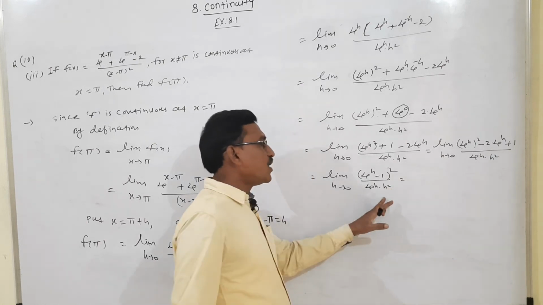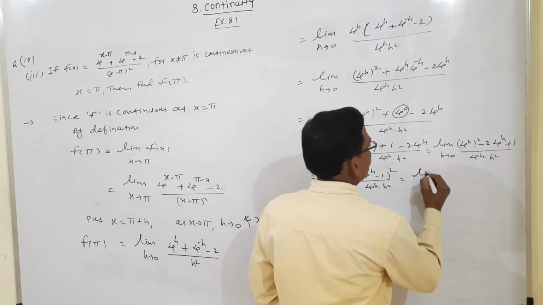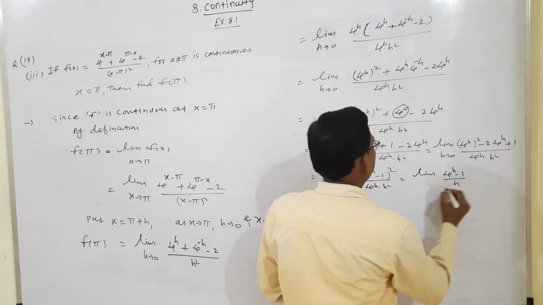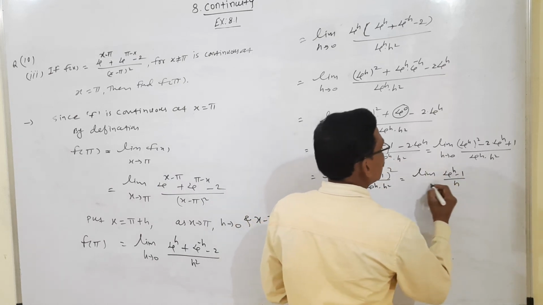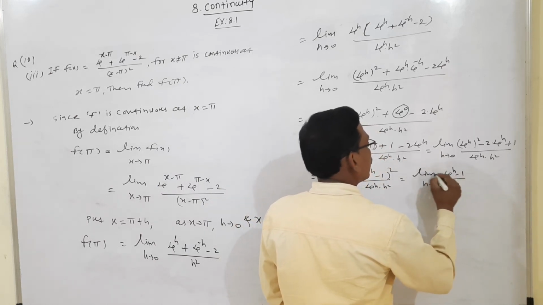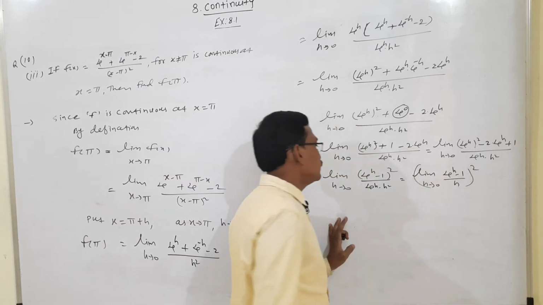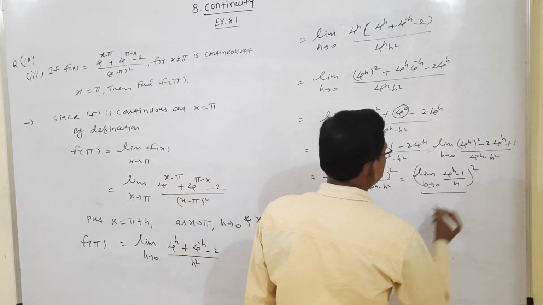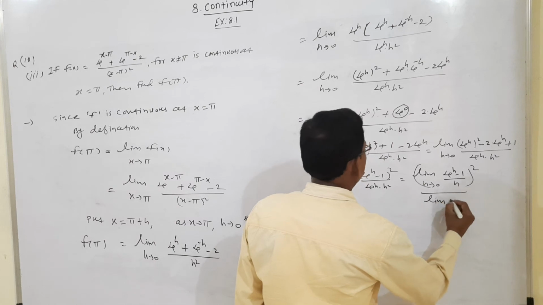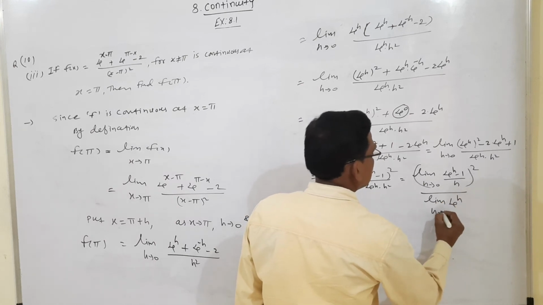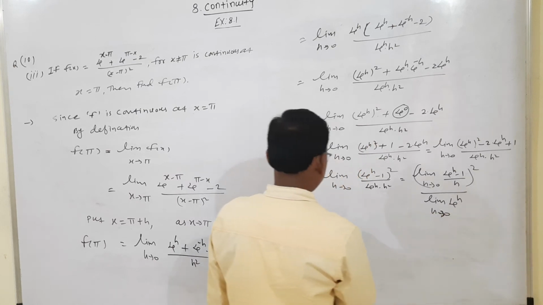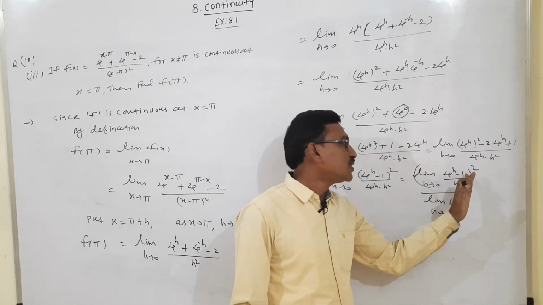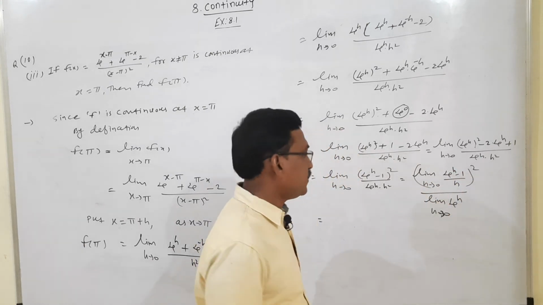Now we take this h square in the numerator. So the limit of 4 raised to h minus 1 upon h, whole square, and in the denominator the limit of 4 raised to h as h tends to 0. So applying the limit, this is nothing but the limit of a raised to x minus 1 upon x as x tends to 0, which gives log a.